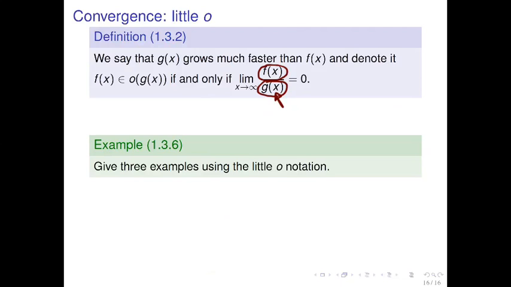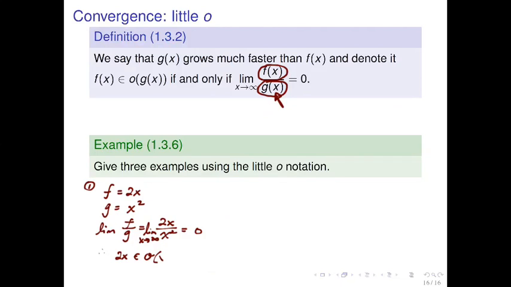I'm just going to give 3 quick examples using the little o notation. In the first one, if I let f be 2x and g be x squared, then when I do f over g, I get 2x over x squared. As x approaches infinity, this expression goes to 0. So what I can say is that 2x is an element of little o of g of x, which is x squared.